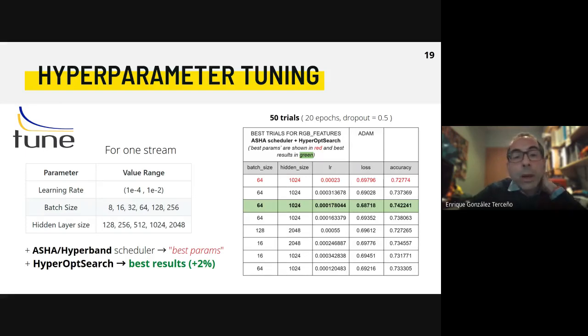Here we can see a summary of 8 trials, and the best ones are painted in green. However, we got only a marginal improvement of 2% compared to the default values that we obtained with the default search algorithm.